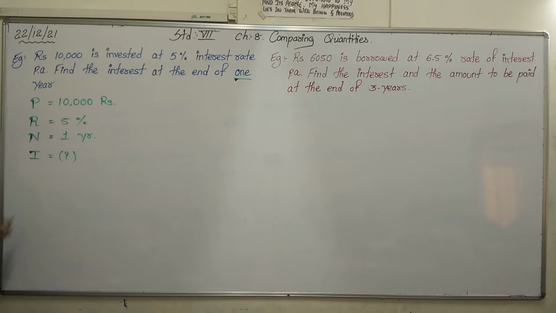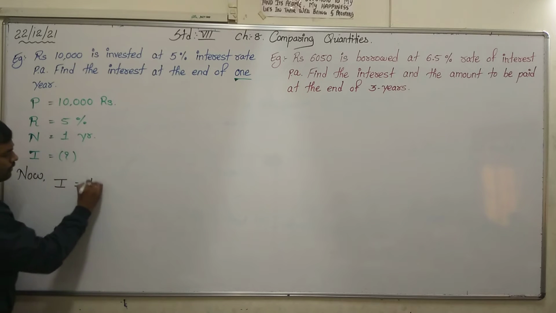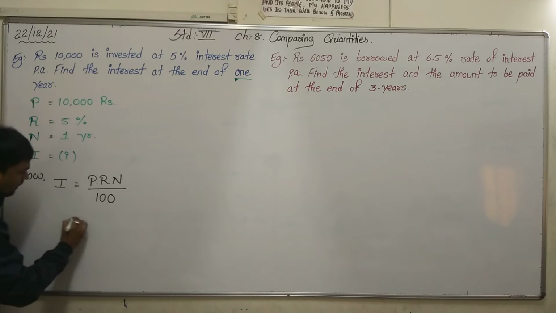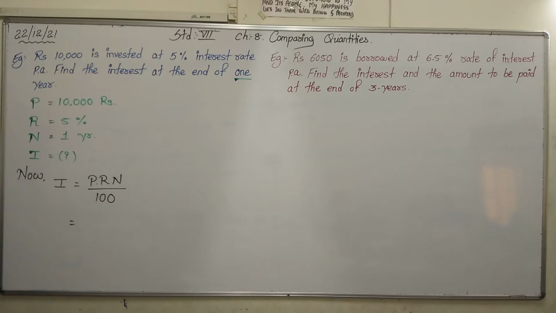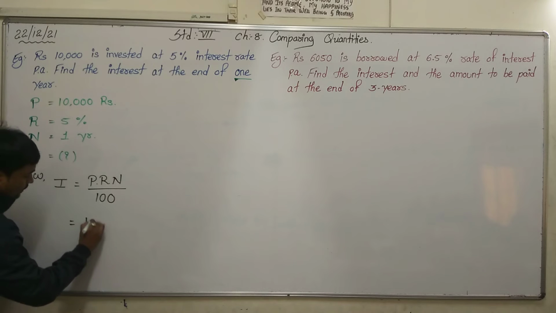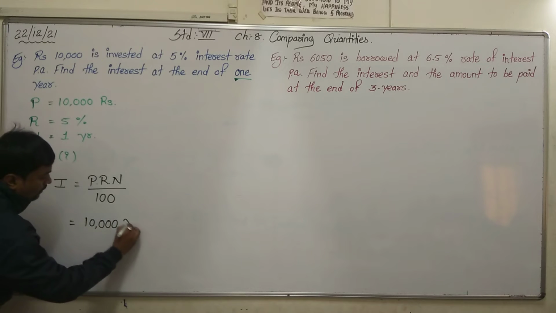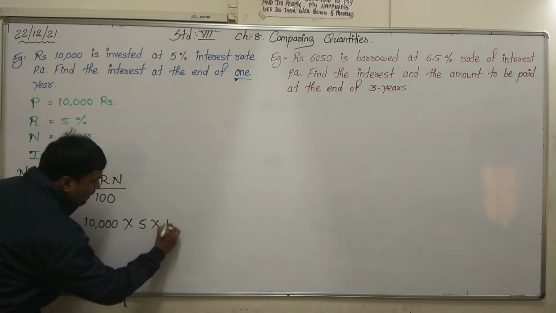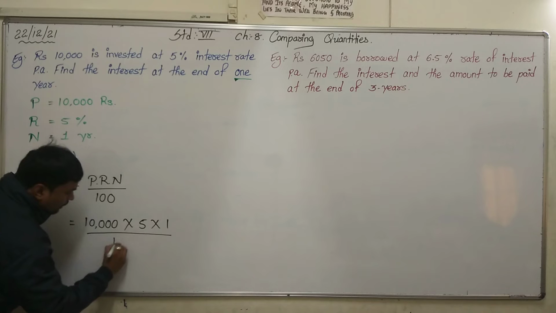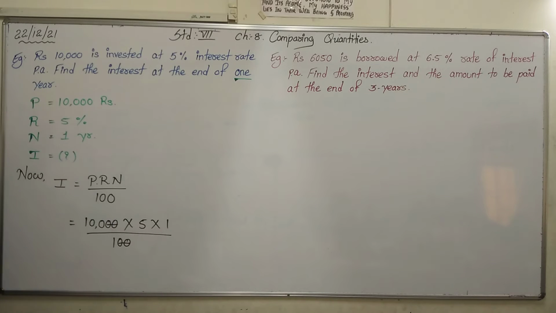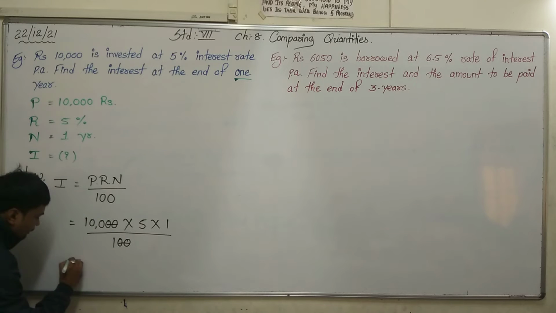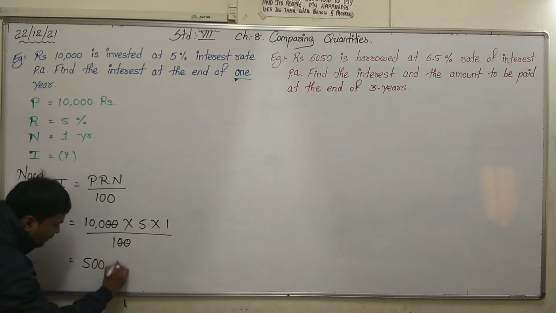So now, using that formula, I is equal to PRN upon 100. Replace all the values. P is 10,000 multiplied by rate of interest 5 multiplied by number of years 1 upon 100. 0 cancel, 100 by 5, 500 rupees.